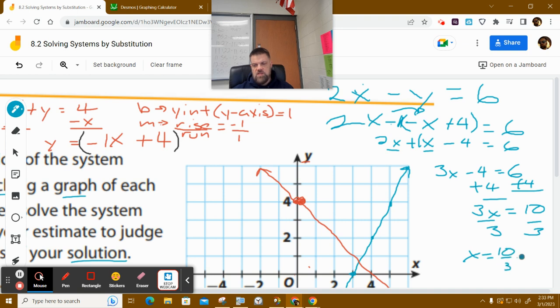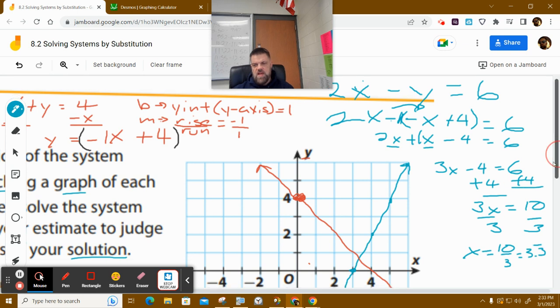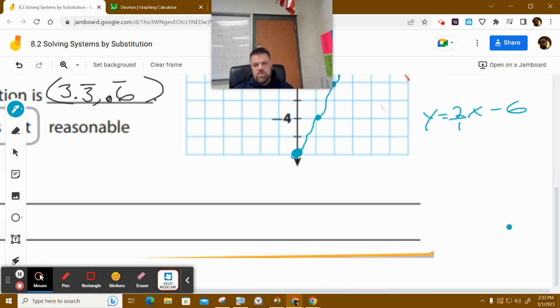But if you plug that in your calculator, it's 3.3 repeating. Now to find y, I'm going to take this other equation that I solved for y, and I'm going to say y is equal to 2 times x, which we said was 10 over 3, minus 6. 2 times 10 is 20, so this first term becomes 20 over 3.